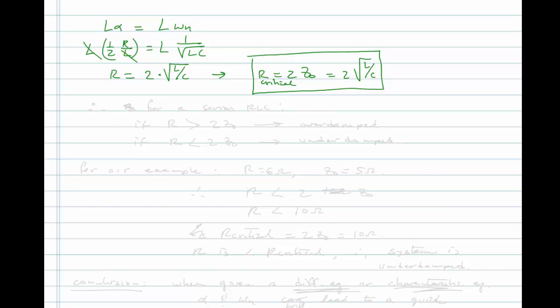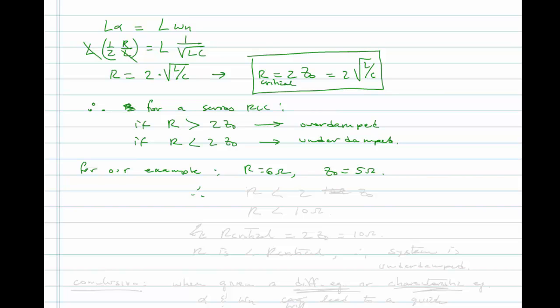Okay? So I can therefore say, for a series RLC, if R is greater than 2Z0, then it's overdamped. And if R is less than 2Z0, it's underdamped. So let's return to our circuit. For our example, we had R equal to 6 ohms, and we found that Z0 was equal to 5 ohms.